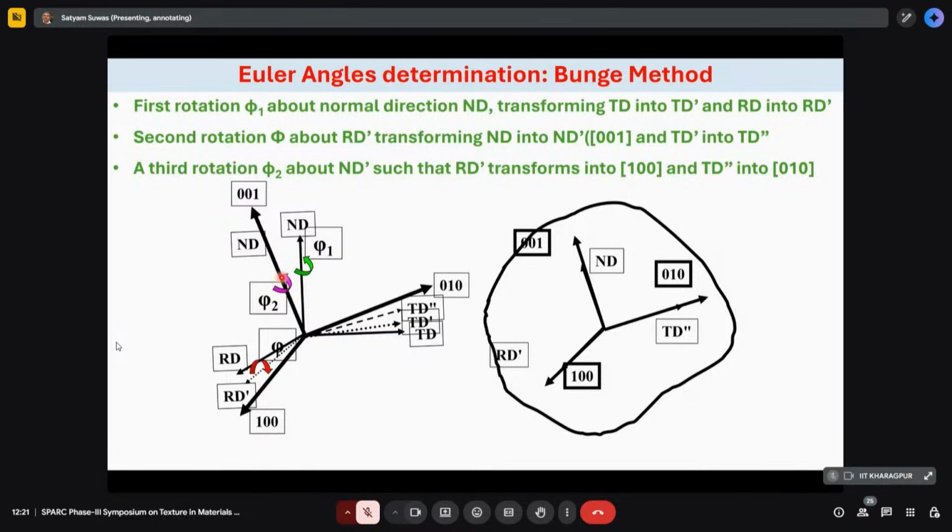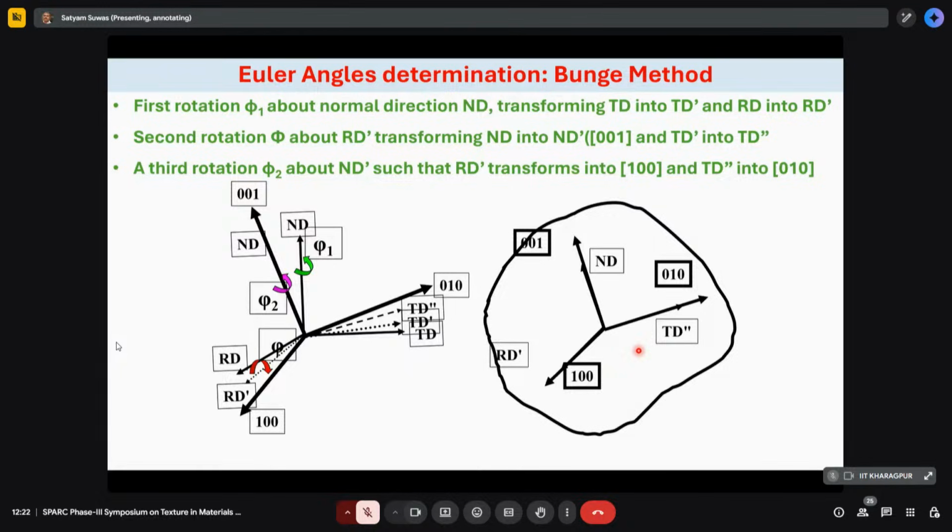So with these three rotations, phi1, phi and phi2, we have achieved coincidence of the normal direction ND along 0, 0, 1, TD along 0, 1, 0, and RD along 1, 0, 0. So basically we have made the crystal frame and specimen frame coincident, right?